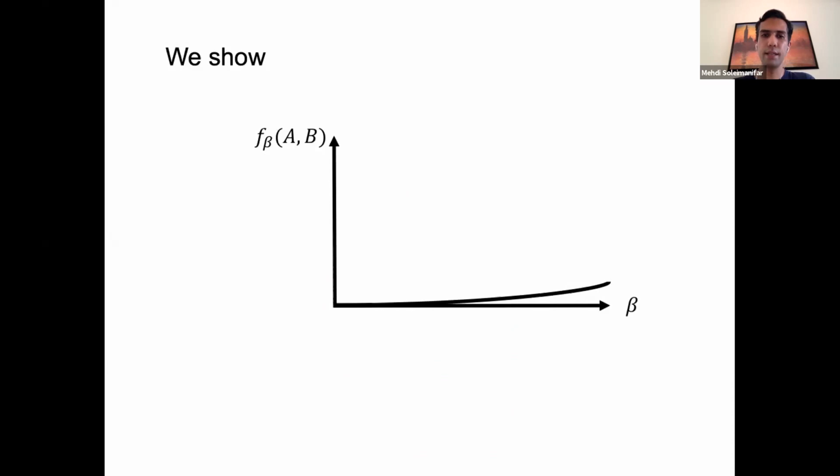But it's the case that if this function is small, then the covariance I wrote in the previous slide is also small. So we can, without loss of generality, just look at this.